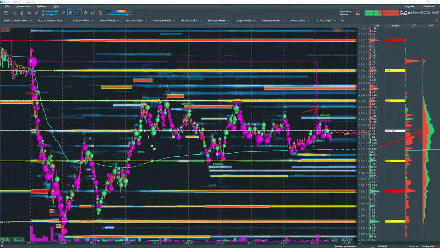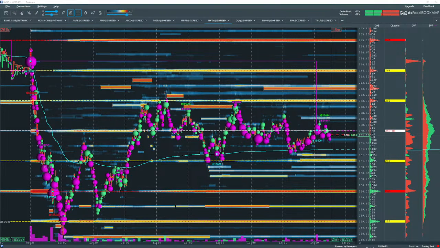And typically for many stocks, it takes a lot to move the point of control because the opening print is so large compared to the rest of the volume today, and then the closing print for many stocks, especially like Apple and Microsoft, is huge compared to the rest of the volume during the day. All right, so that's NVIDIA.